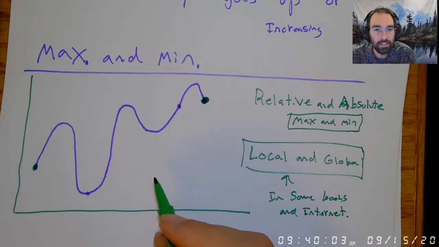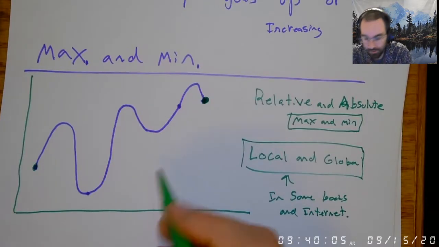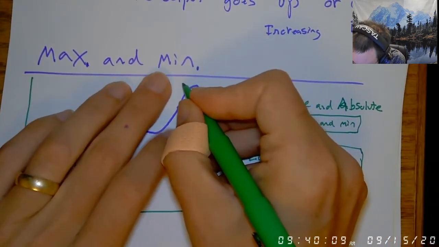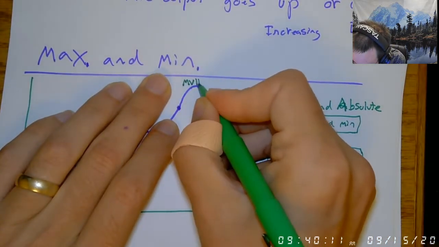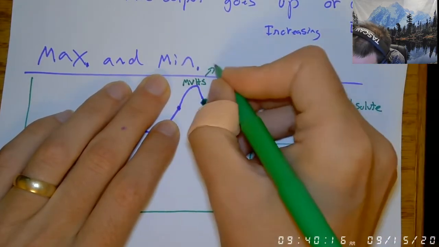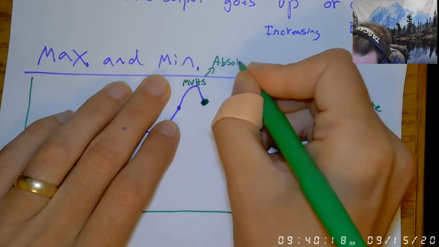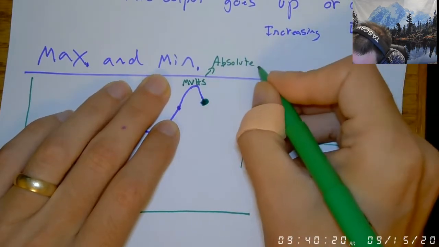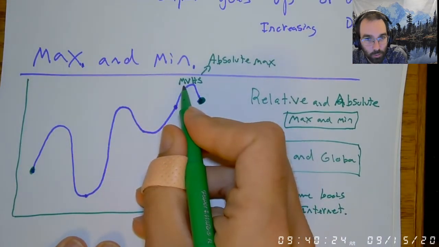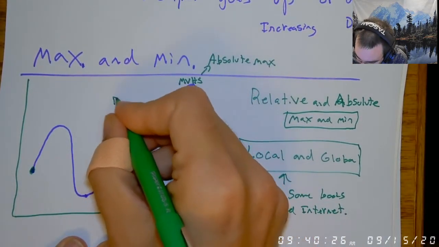So the way that I like to teach relative and absolute is this. Starting with the highest point, let's call this Mount Vernon. And that would be an absolute max. Now you look at this next hump, and it's obviously lower, right? So let's call that Burlington Edison.